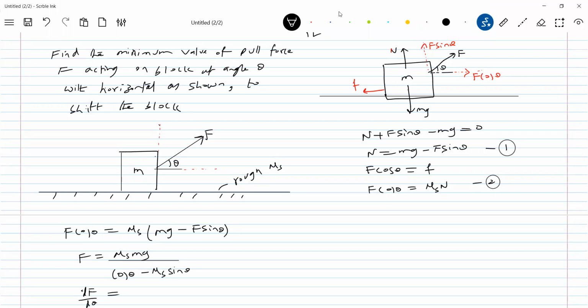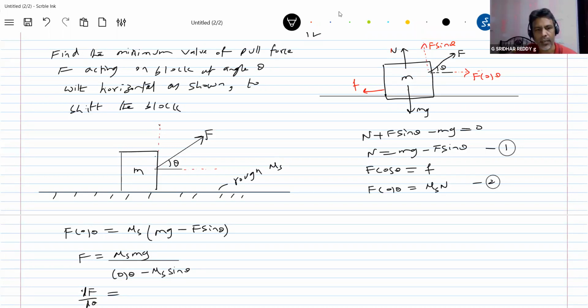Sir, won't it be plus? Yes, sir, plus mu s sine theta. N is equal to... no, N plus F sine theta minus mg equals 0, no? Sir, there in the denominator, sir. N equals mg minus F sine theta.